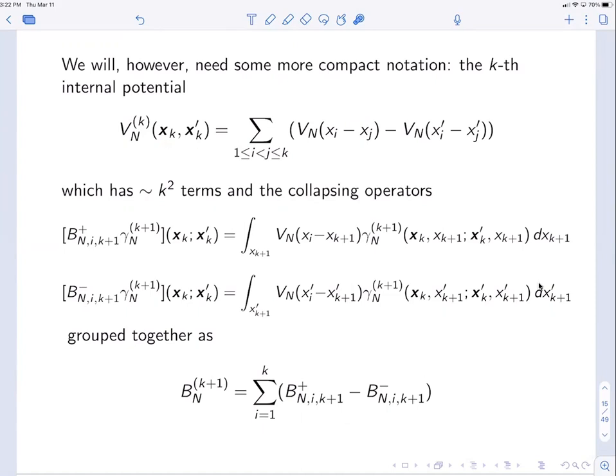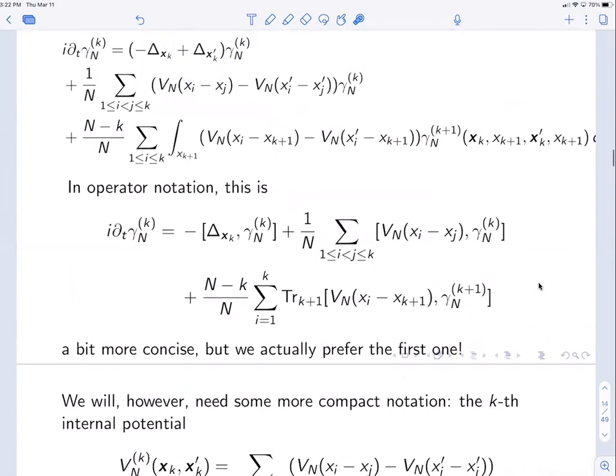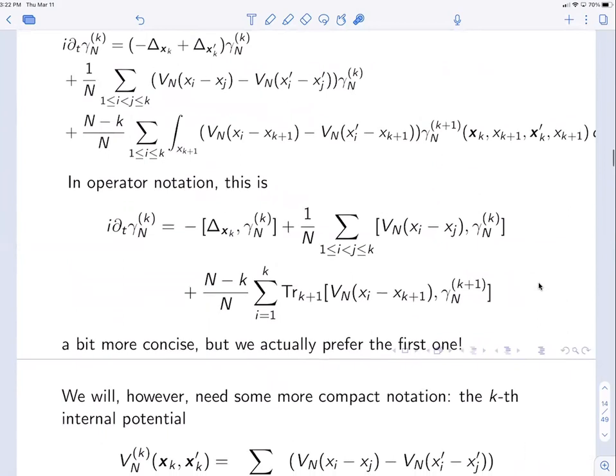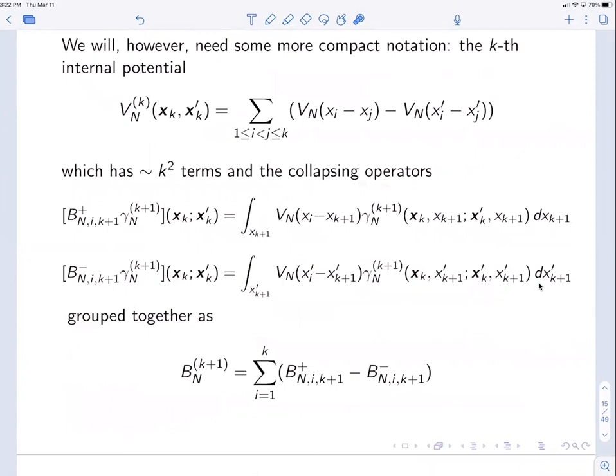and xk prime. So that is this sum, which back here then just multiplied gamma n upper k on the right-hand side. And this term we can simplify by saying that it is the result of a collapsing operator applied to gamma n upper k plus 1. So we define the collapsing operators.